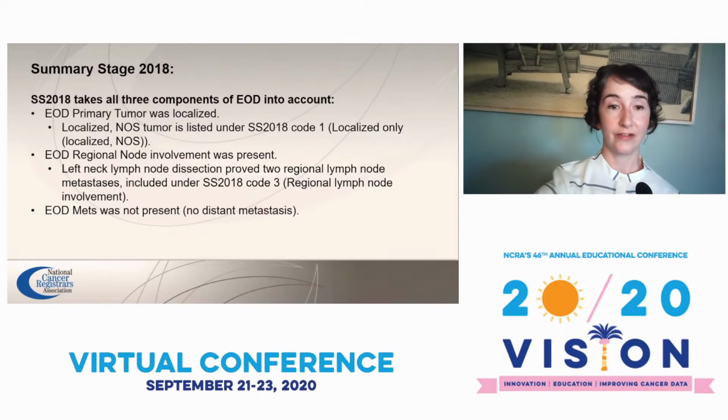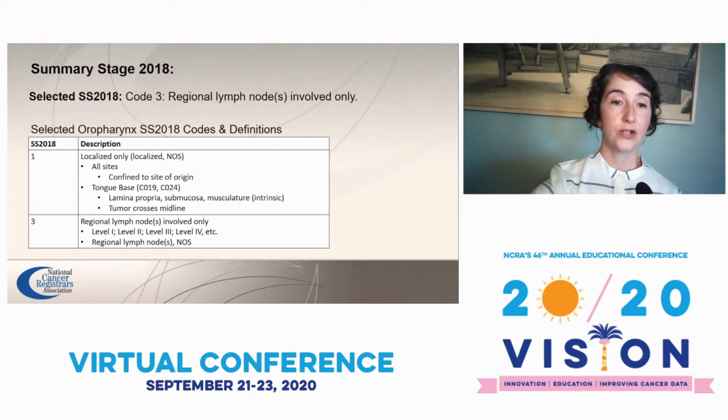There was no evidence of METs. So combining the 3 components of EOD, code 3 is the appropriate summary stage 2018 category because it is the greatest code applicable. We only had a localized primary tumor, but involvement of regional nodes.